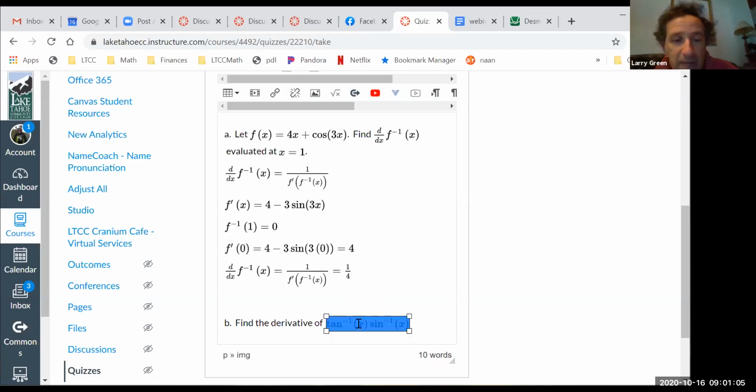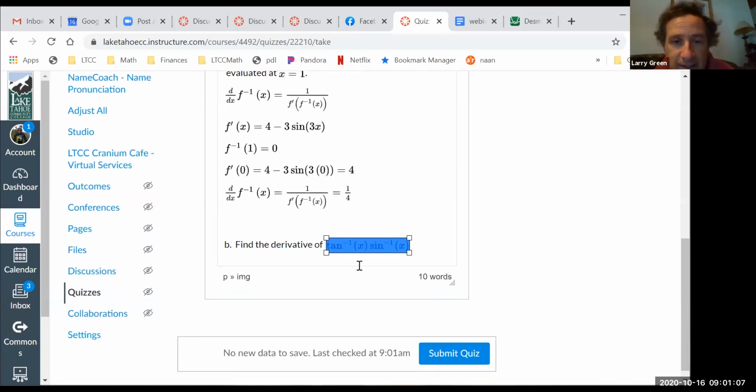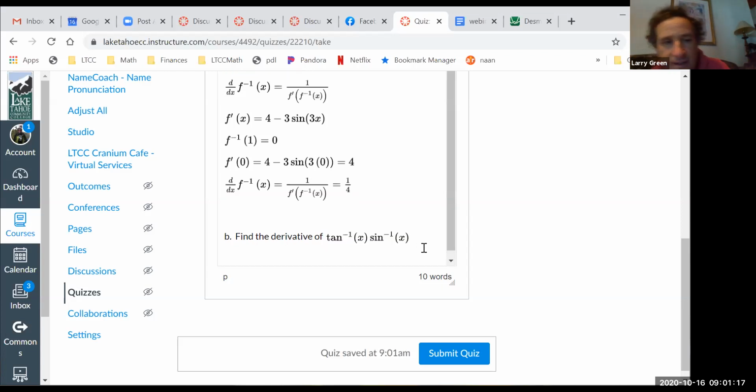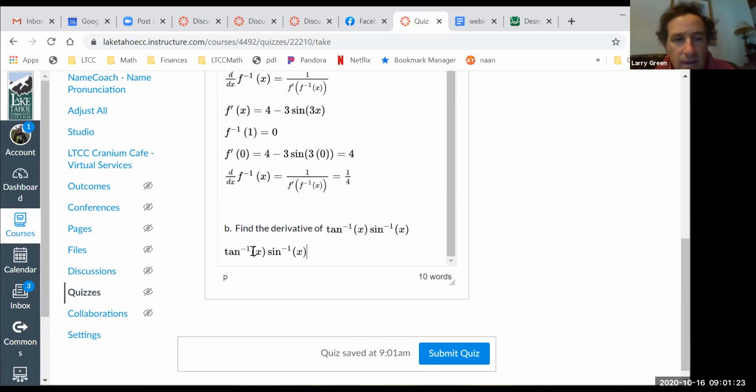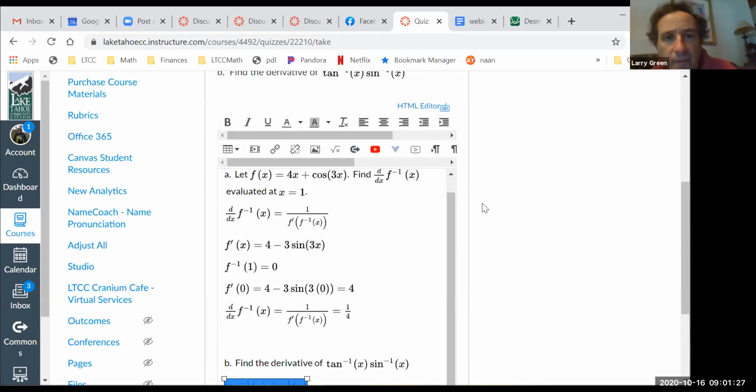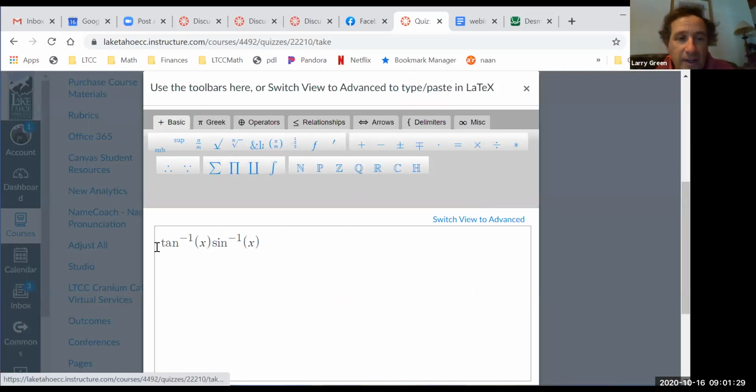Okay, so for part B, we want to find the derivative of the arctangent of x times the arcsine of x. So let's copy and paste it. All right, so here's our function, and we want to find its derivative.